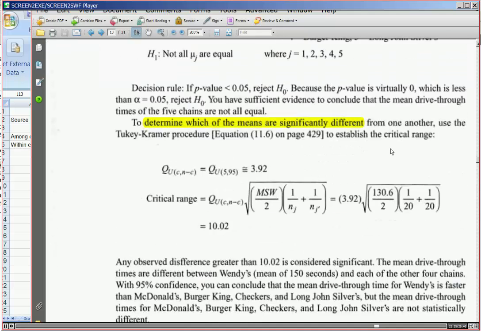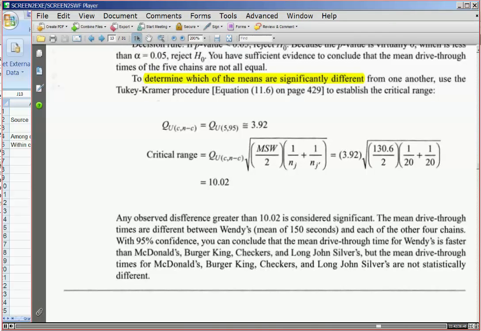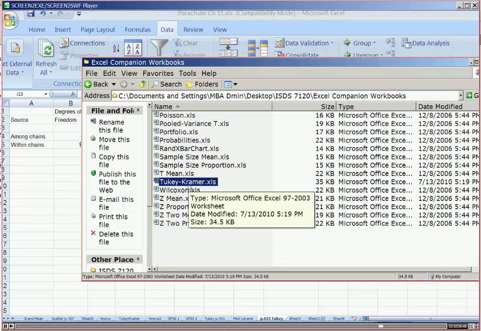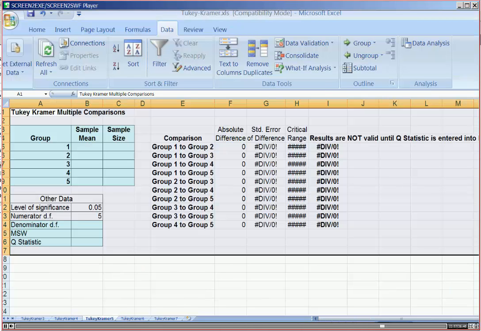Now, to run the Tukey-Kramer procedure in Excel, we're going to have to use what the authors supplied us with. This Tukey-Kramer file has the layouts for 3 groups, 4 groups, and obviously we're going to use the layout for 5 groups.